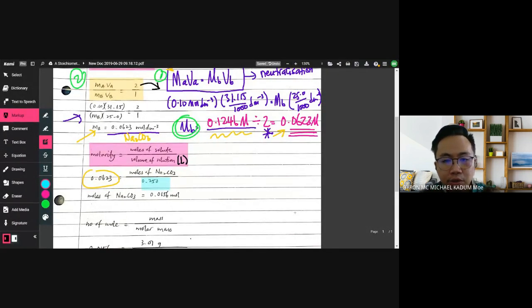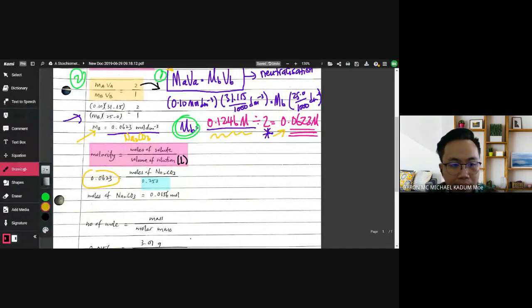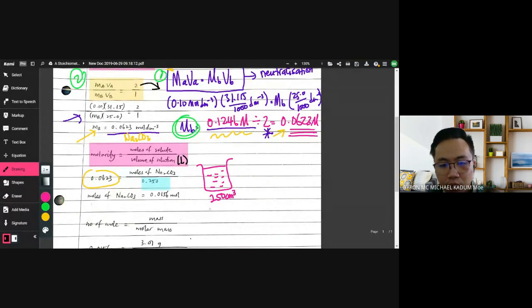Ini yang menyebabkan student pening tu. Sebab dia susah mau tangkap, dia banyak macam pindah-pindah, tiba-tiba nilai ini, tiba-tiba nilai itu pula. Kena ingat tadi, situasi dia macam ni kan, kita ada satu beaker yang besar. So dalam sini ada 250 cm cubic of Na2CO3, betul?